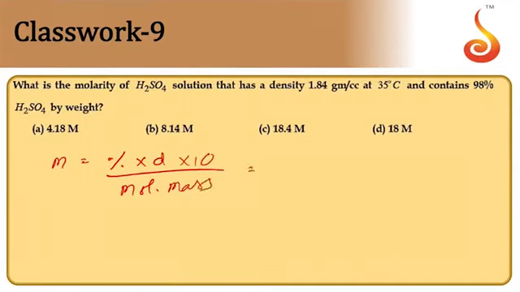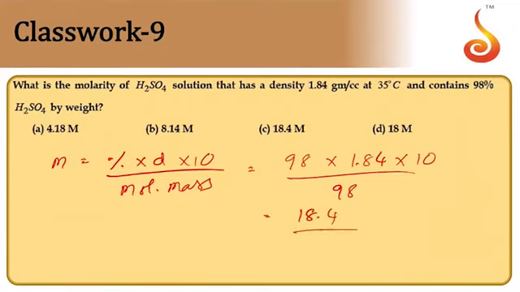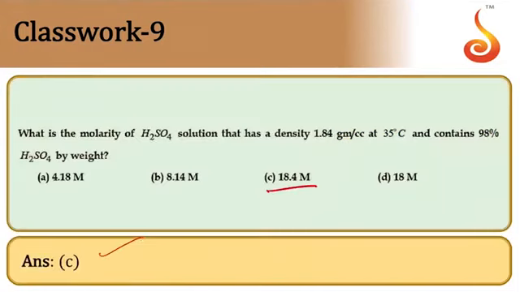So 98 percentage, density 1.84, into 10, and the molar mass is 98 for sulfuric acid. It comes to 18.4. So the answer is option C, 18.4. C is the answer.